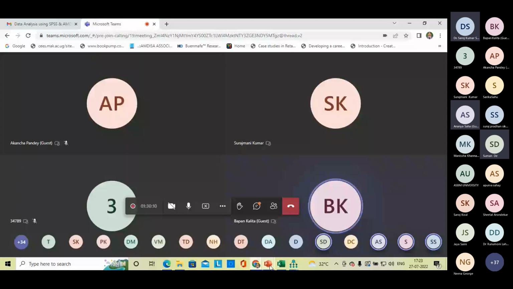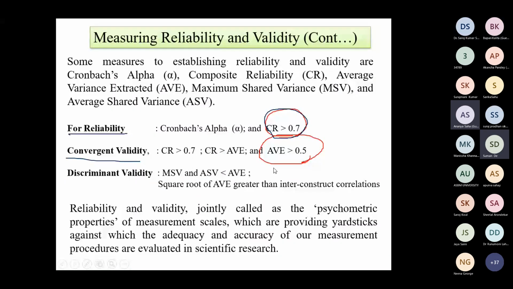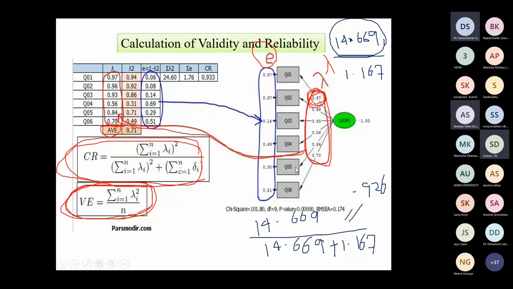So now come to the standard. What is discriminant validity saying? Discriminant validity is saying that the ASV and MSV must be less than AVE. Are you getting it? ASV and MSV are less than your AVE. See, what is your AVE?